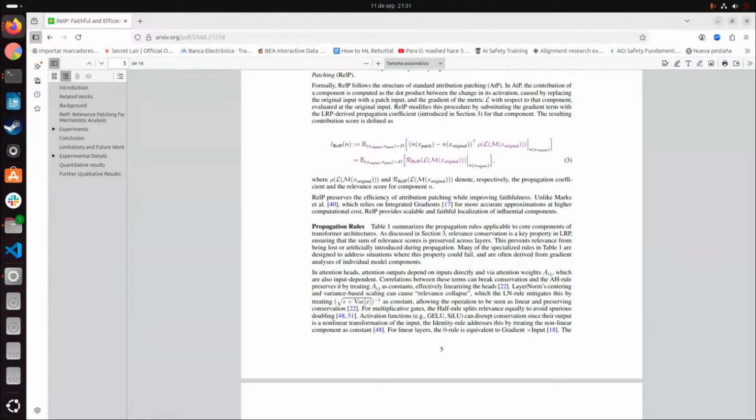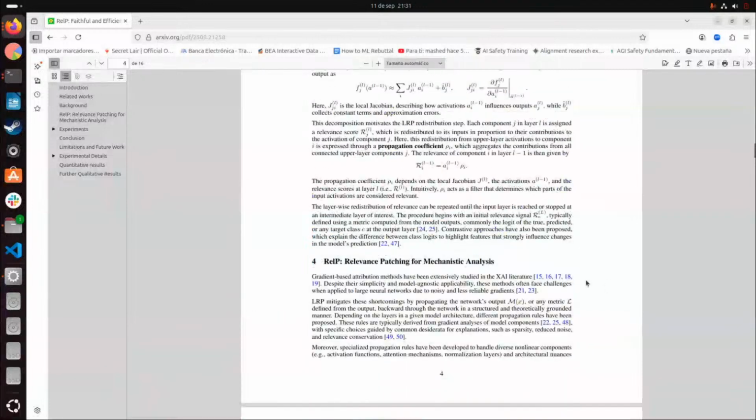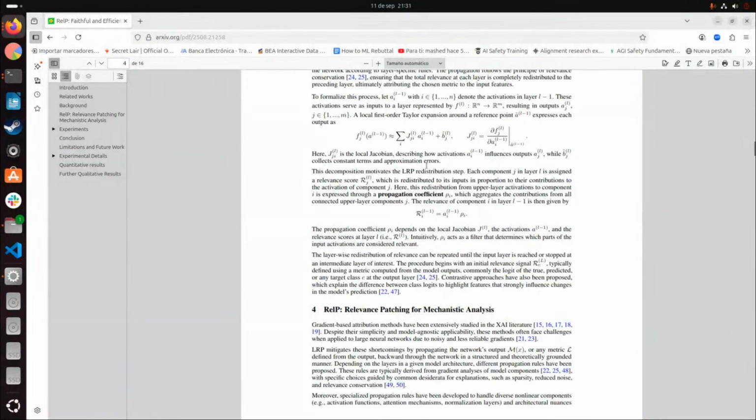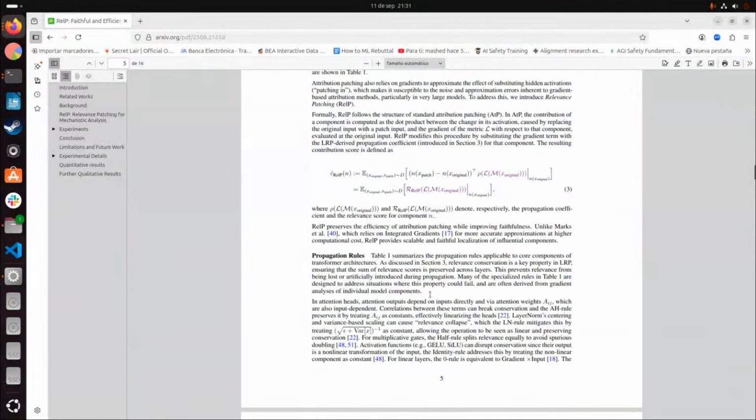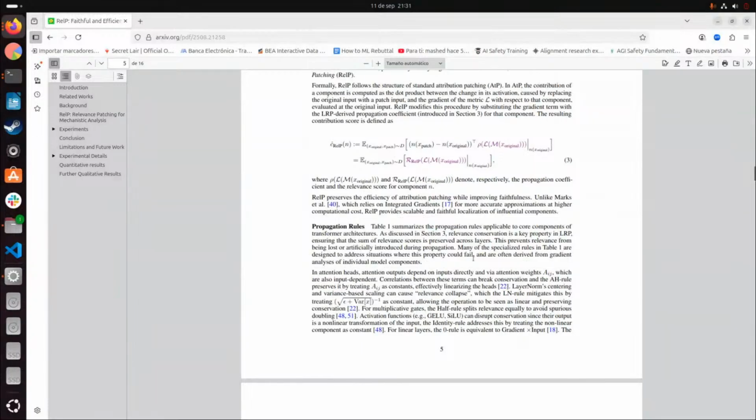And the coefficient seems to come from these propagation rules. Also, they do this Jacobian whatever, I don't know exactly what they're doing there. But the propagation rules are basically handcrafted for the model architecture, if I'm understanding correctly.